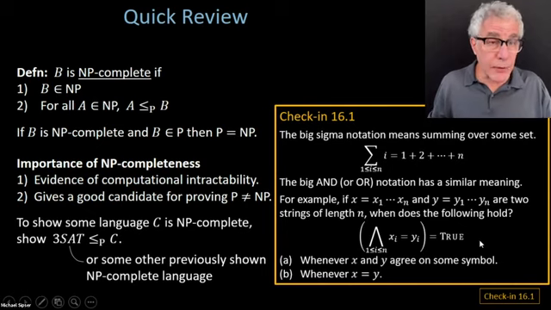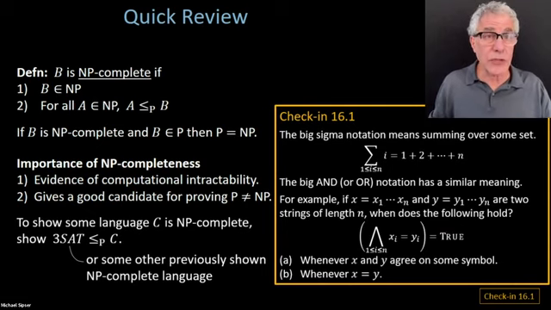And so just as an example, just to make sure we're all understanding this notation, if you have two strings, x and y, written out in terms of their individual symbols, so they're both of length n, x is x1 to xn, y is y1 to yn, and now I write the following expression, the big AND, for i ranging between 1 and n, of xi equal to yi.